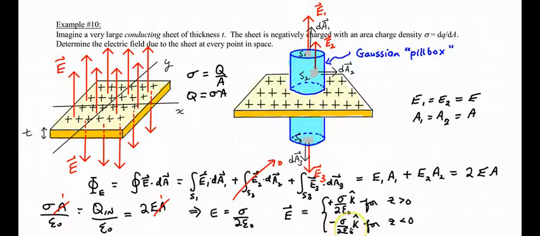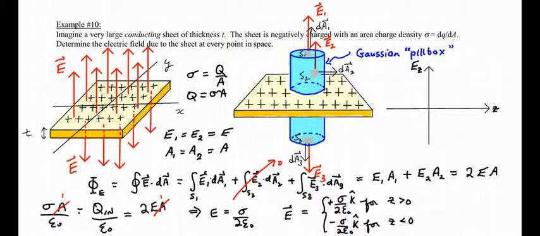And if you were to plot the electric field as a function of the position z, what would it look like? It looked like something like this. So along the negative z-axis, you have a constant negative sigma over 2 epsilon naught, and then as soon as you cross this plane, it quickly jumps up to positive sigma over 2 epsilon naught.